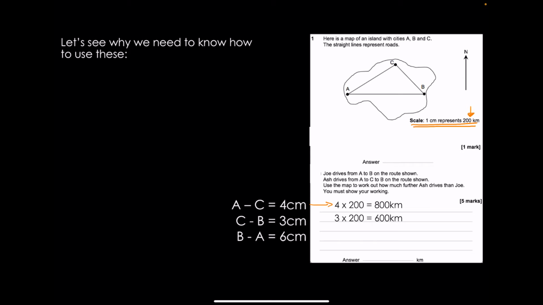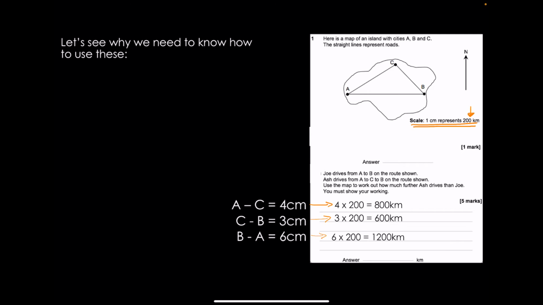Then I can do 3 times 200 because C to B was 3 centimetres. And 3 lots of 200 kilometres is 600 kilometres. And then finally, I can do 6 times 200 because A to B measured 6 centimetres. And 6 times 200 kilometres is 1,200 kilometres.